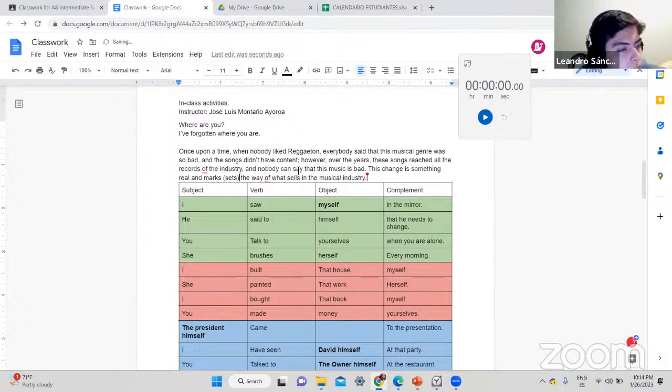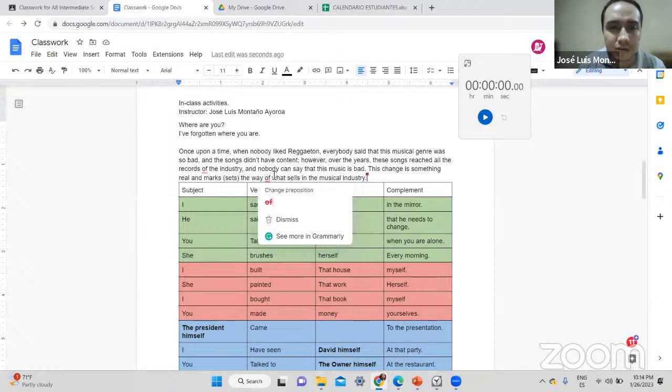Okay, and sets the way of what sells in the musical industry. Okay, of what sells. So you say that this tendency is going to decide, or actually is going to set the way of what is going to sell and what is not going to sell, right?